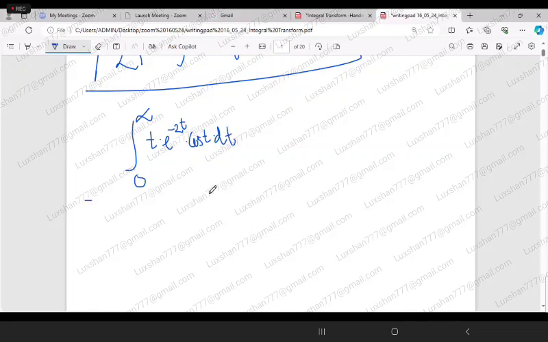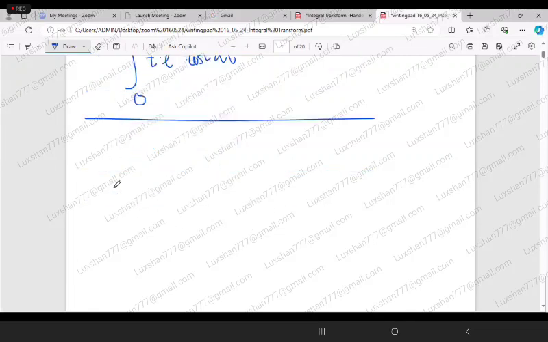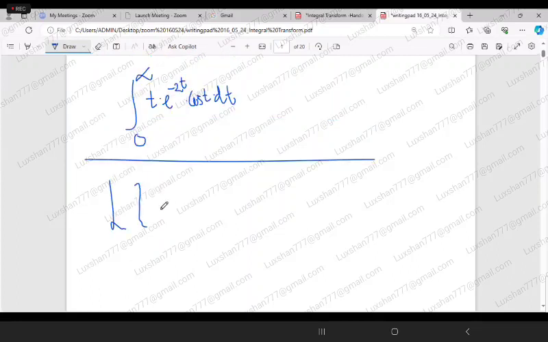Now, instead of finding this one, what I'm going to do is find the Laplace transform of t into cos t.